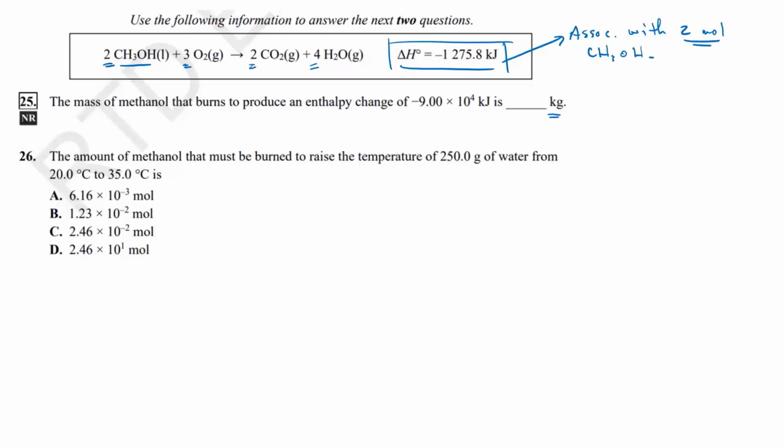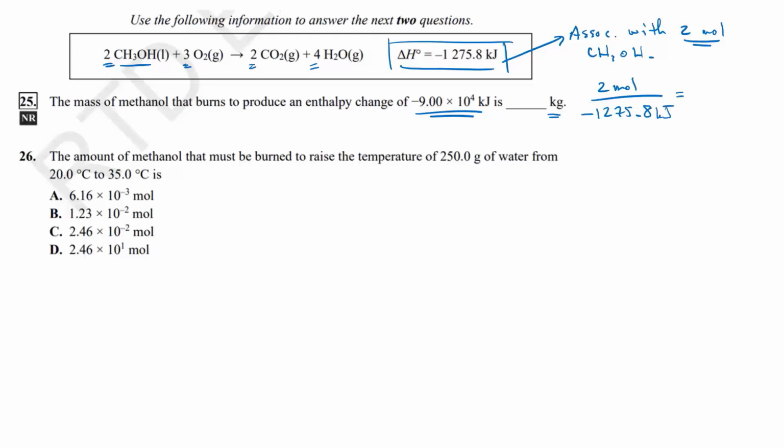That is important to note. Because we know that this is associated with 2 moles of methanol, we can set up a comparative ratio that allows us to determine how many moles of methanol would release this amount of energy. We know that 2 moles goes with negative 1,275.8 kilojoules.